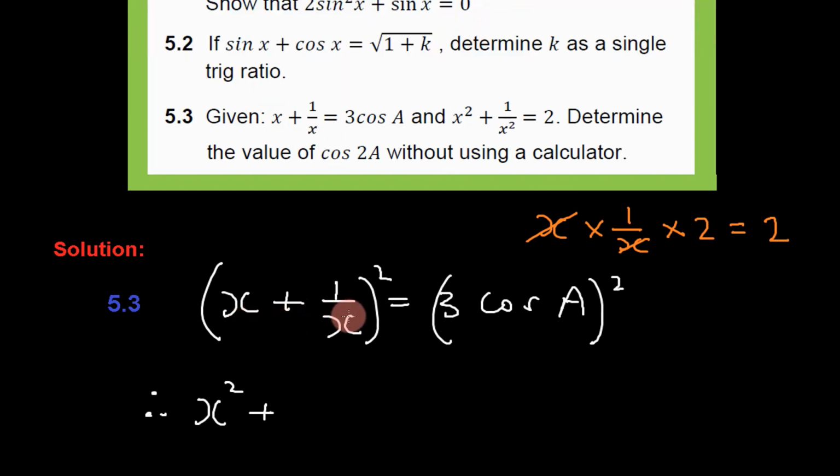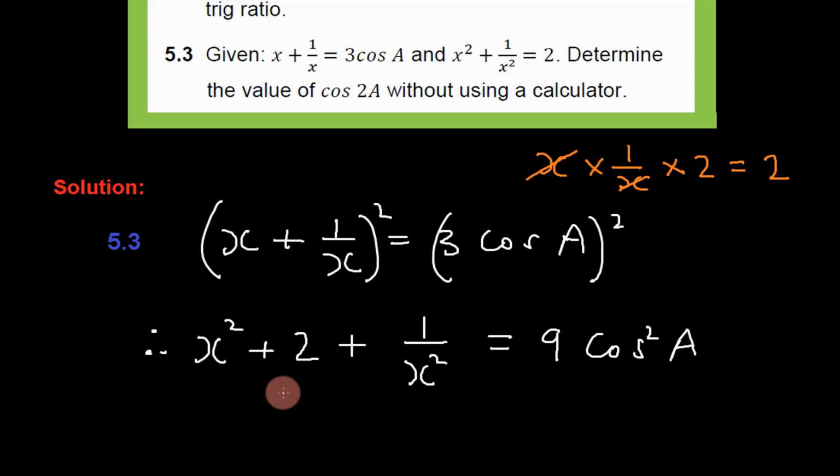Then we square the second term, so it's 1 over x squared. Then on the right-hand side, squaring the right-hand side gives 9 cos squared a.